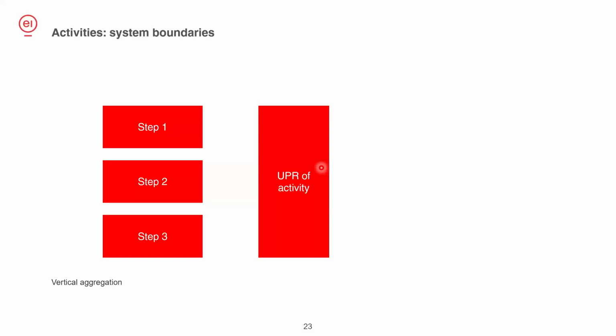We also have, in many cases, vertical aggregation. This happens when, in one activity, we have many sub-steps, and we do not model explicitly each sub-step, either because the information is not available, because they take place in the same location, in the same manufacturing plant, or because it's a very high level of detail for a background database.